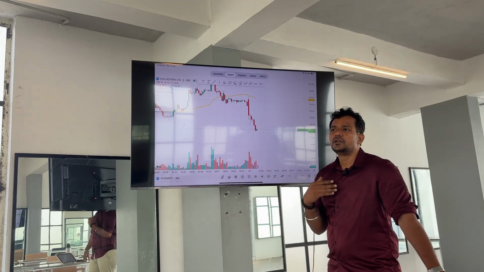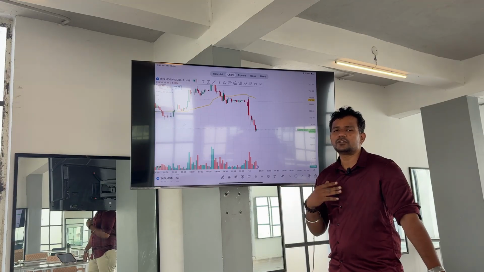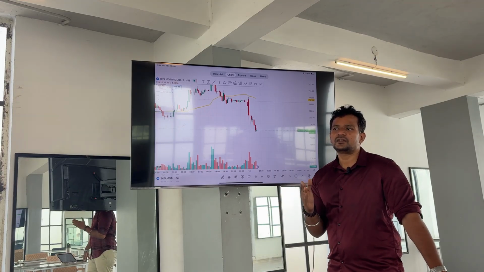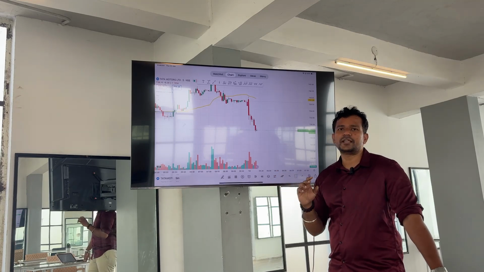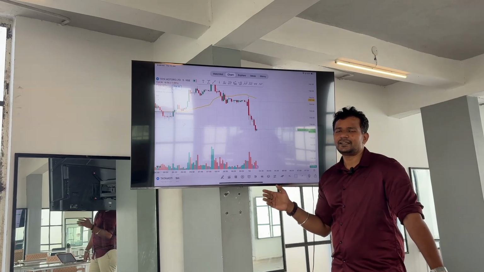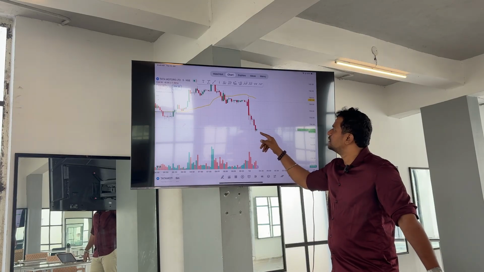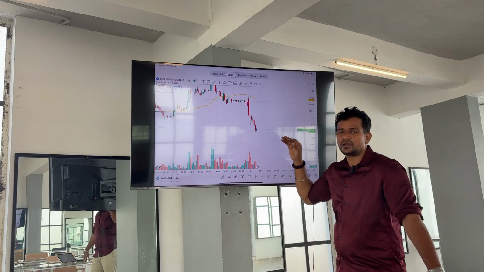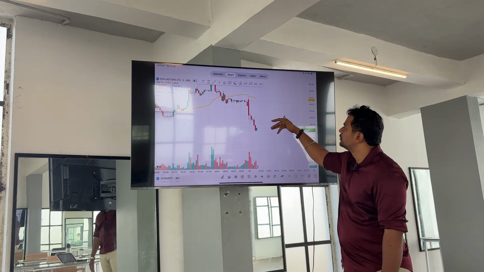In order to get into a long trade also, we know that on the weekly chart Tata Motors is going up. So wherever we get an opportunity to take a long trade, instead of a selling trade, we will wait for the pattern to happen. We'll see supporting candlesticks forming in the market, and then we'll take a trade from here to the long side.